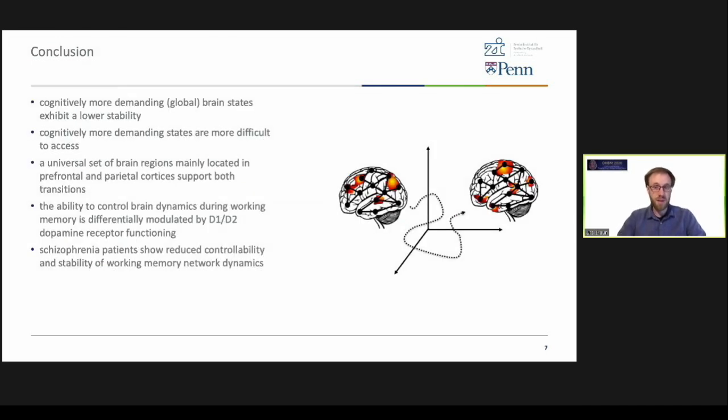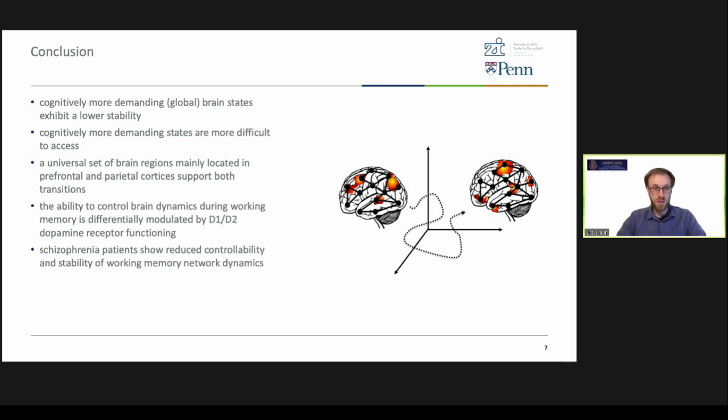To conclude, I hope I could convince you that network control theory is a useful tool to investigate cognitive dynamics in humans. I showed you that cognitively more demanding brain states exhibit a lower stability, and that accessing those states is more difficult, in line with the idea of associated switch costs when turning to more difficult tasks.